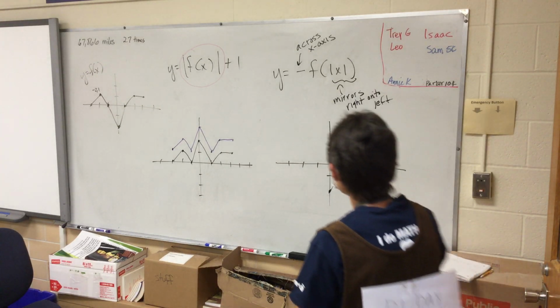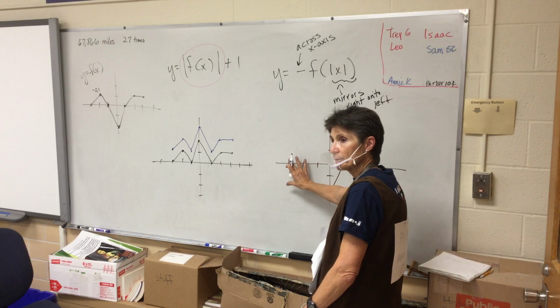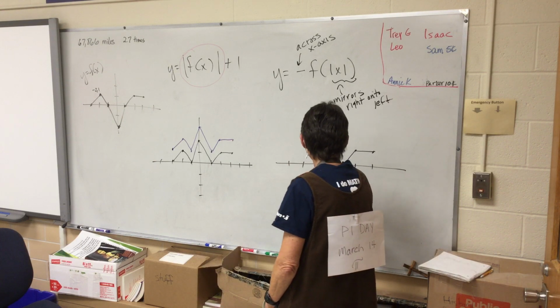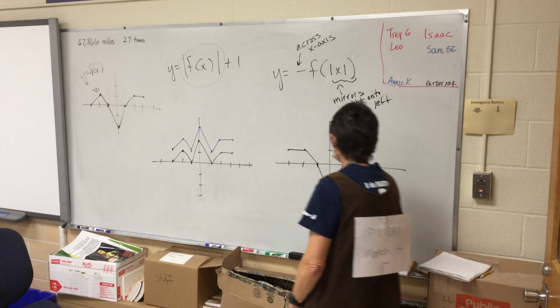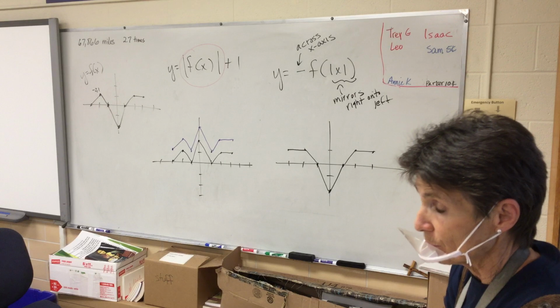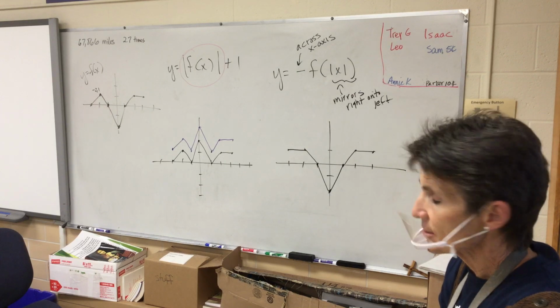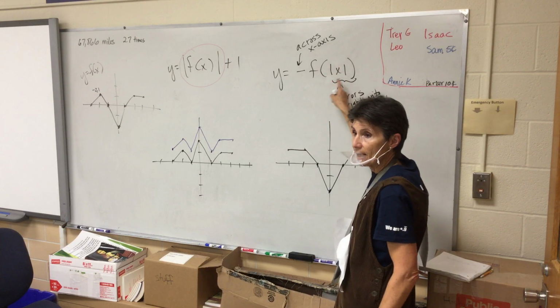Now I'm going to take that and mirror it over here. There it is. That's the absolute value part. That's not the answer to the question, but it's this part right here. That's done.